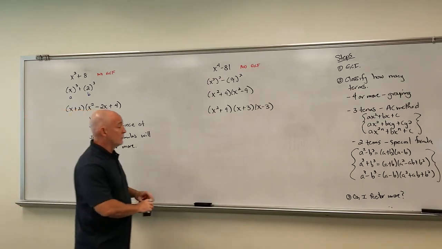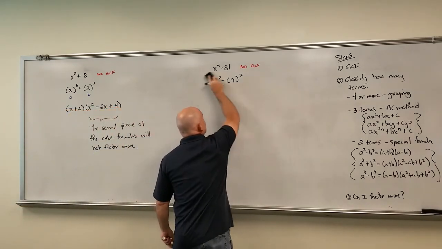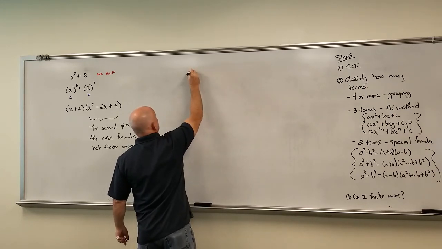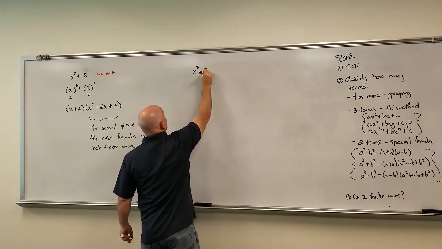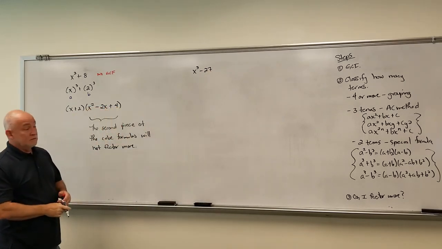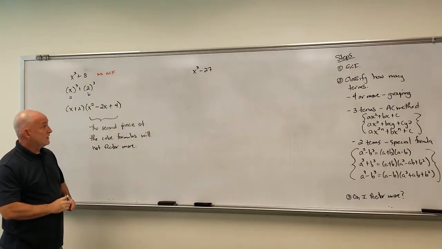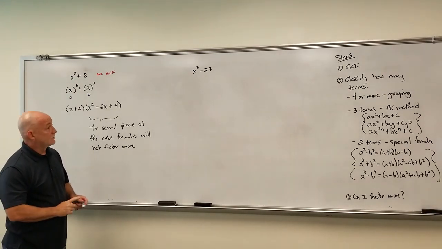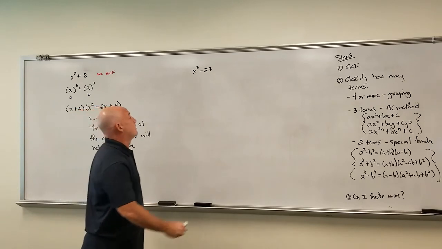So let's take a look at another one of these cube formulas, because it really is just plugging in. What if I said x cubed minus 27? All right, do me a favor, hit pause and see if you can factor this for me. All right, if you're back, let's see how you did. First step in factoring is greatest common factor.